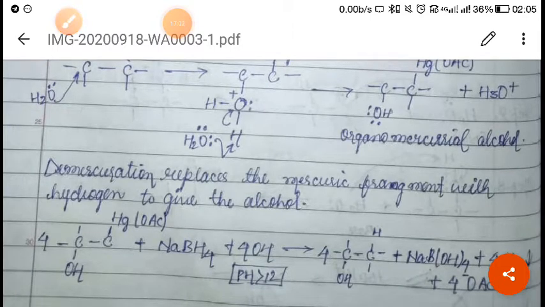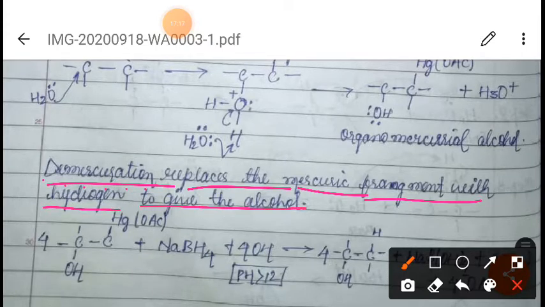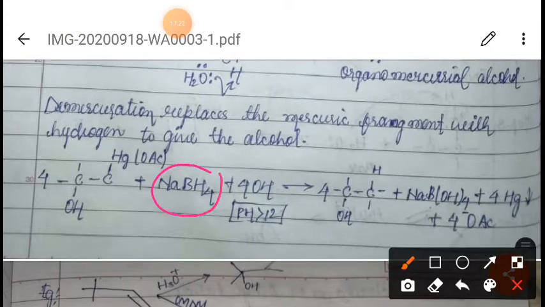The NaBH4 that we are using replaces the mercury-containing fragment with hydrogen to give the alcohol. As you can see in the product, NaBH4 is just taking this HgOAc out of the reaction.